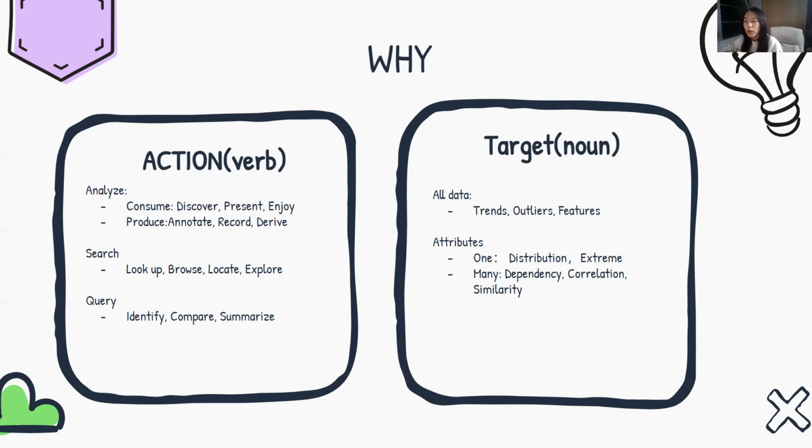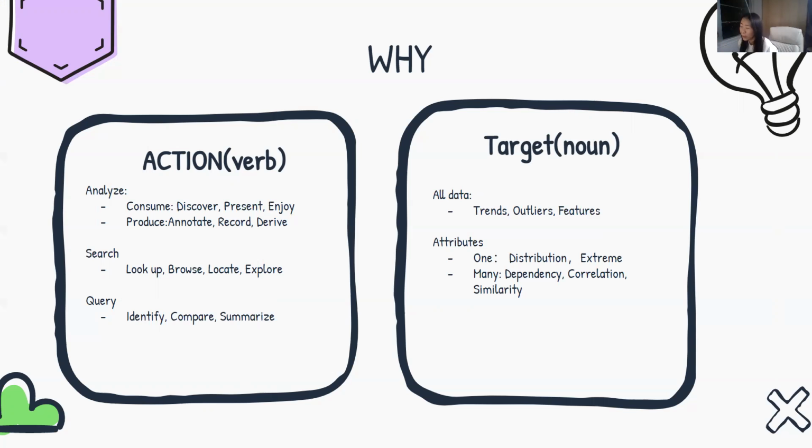And if you're searching, do you know your target you're looking for, and do you know the location of it? Depending on that, you have lookup, browse, locate, and explore. And lastly, for the verbs, you want to look at whether you are identifying, comparing, or summarizing the whole data set.